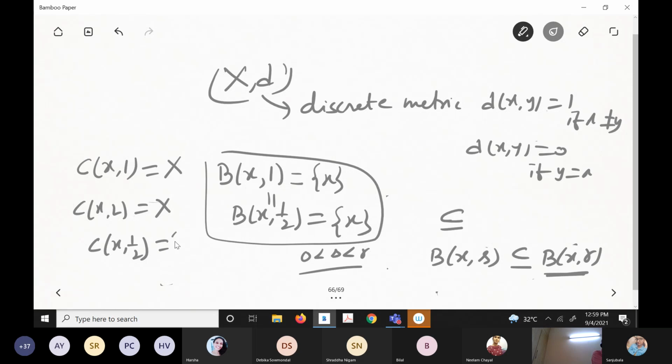That will be the singleton x again. But here you look, the closed ball and this thing, they are actually equal. In fact, even a closed ball may be equal to an open ball. So don't ignore the discrete metric space. Think about something, the discrete metric space.